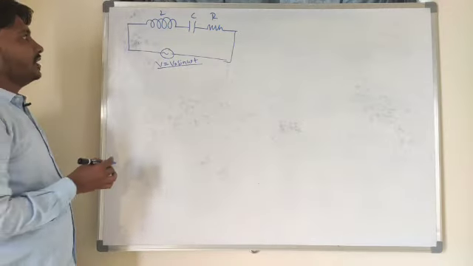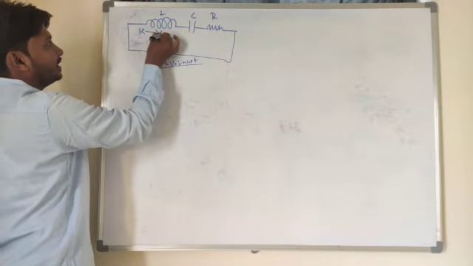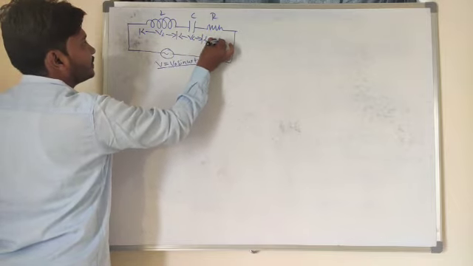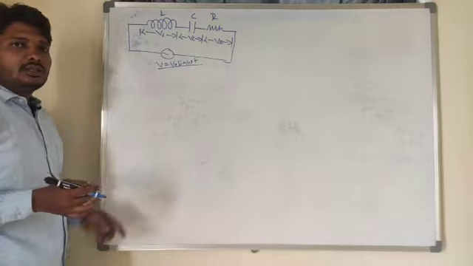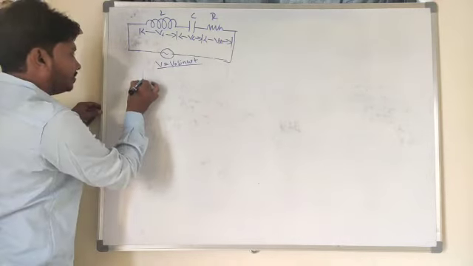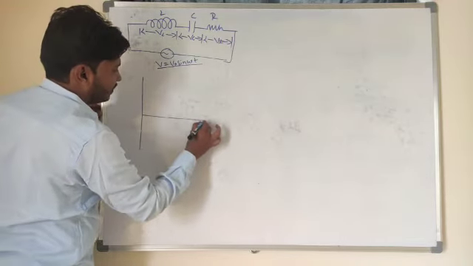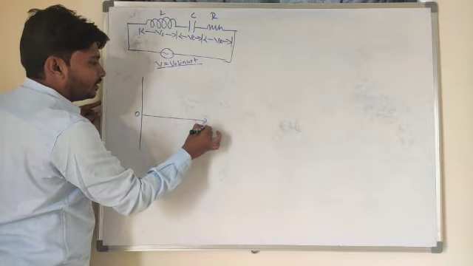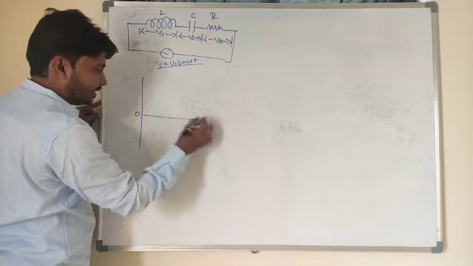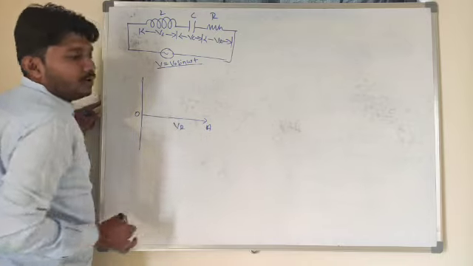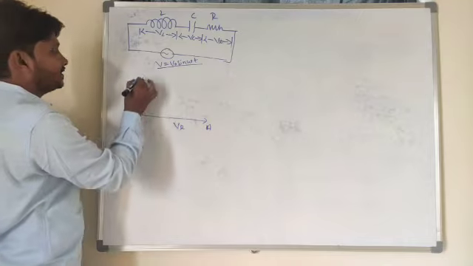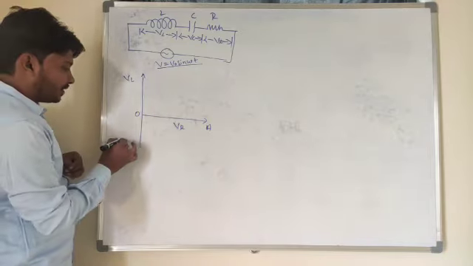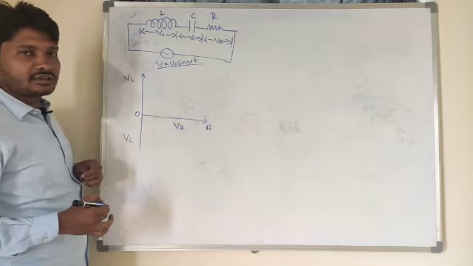Now let me find out the potential difference across the inductor, which is V of L, across the capacitor is V of C, and across the resistor is V of R. If I draw the phasor diagram, roughly, this is the origin. Along the x-axis I will take the voltage across the resistor, and along the y-axis, positive axis, the voltage across the inductor and the voltage across the capacitor.